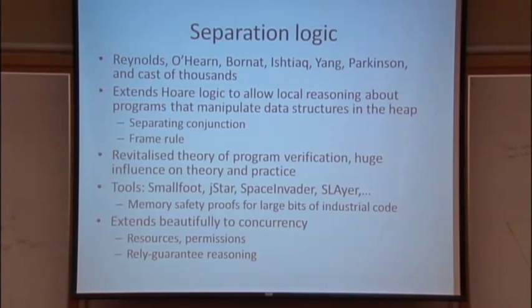In separation logic, by contrast, there's a separating conjunction, P star Q, which holds of a heap when P holds of a disjoint part of the heap from that on which Q holds. So you can treat separation, non-aliasing, as the norm. And this dramatically simplifies reasoning about programs that do tricky pointer manipulations.